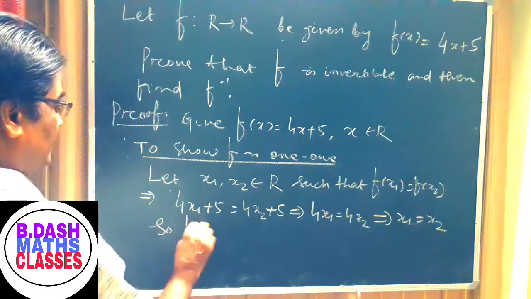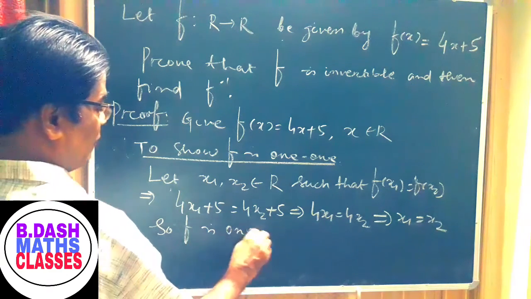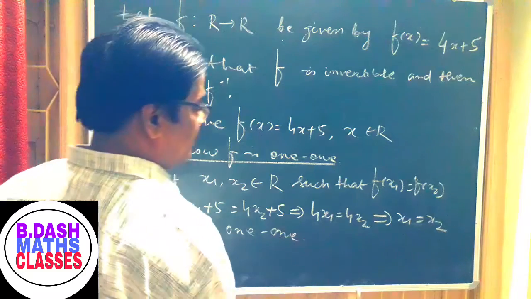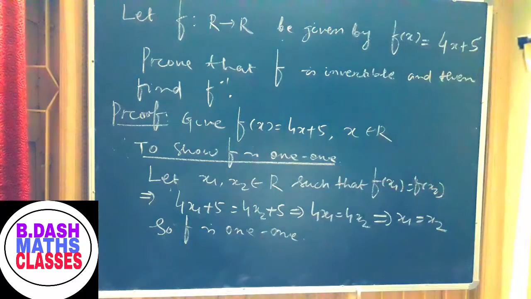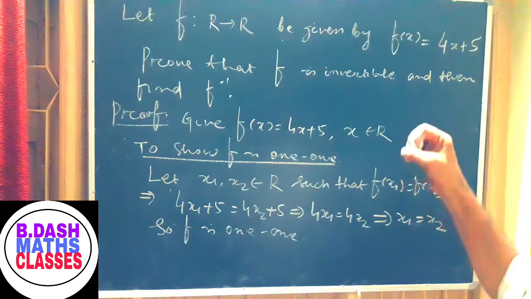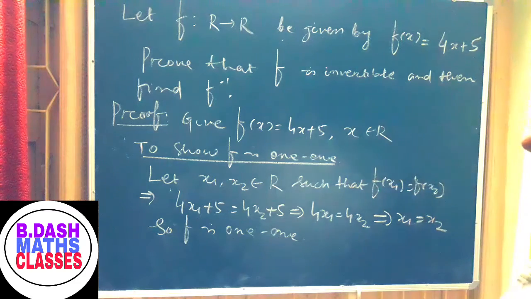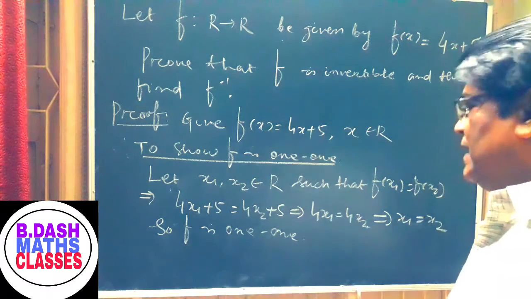So f is one-one. It means the distinct elements of set R have distinct images in set R under this function.